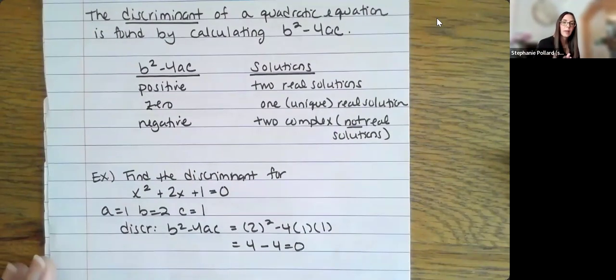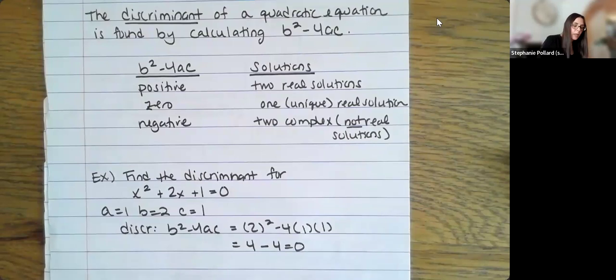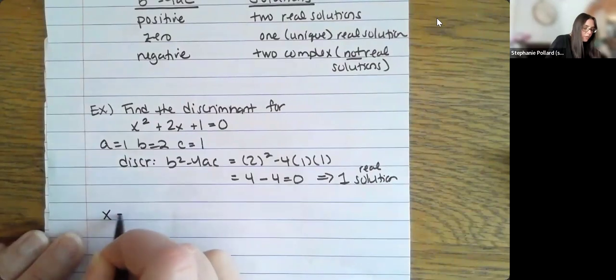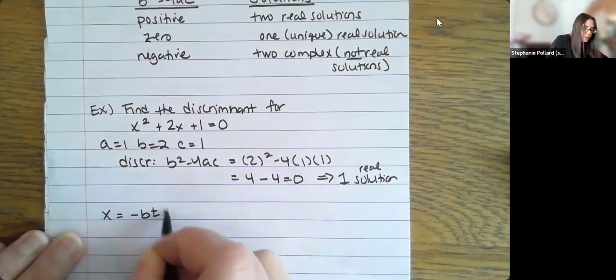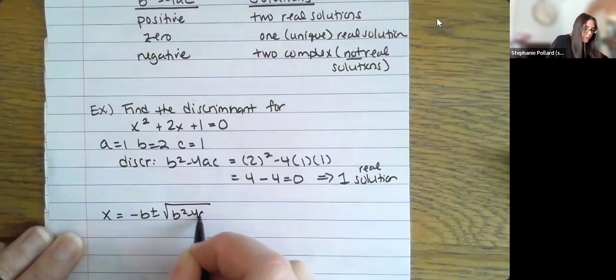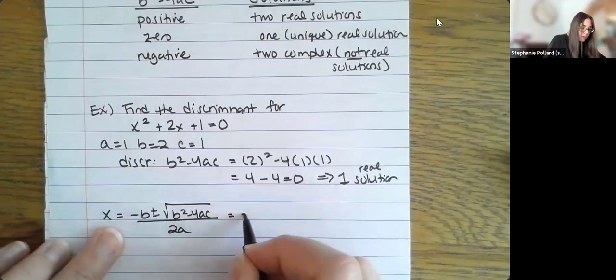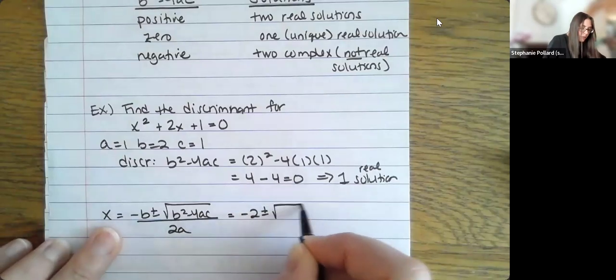So what I would expect, because my discriminant is 0, is that I would have only one real solution to this problem. And if you're not sure, you can go ahead and try the full thing out, and I'll just do it very quickly. So you'd end up with -2 plus or minus.